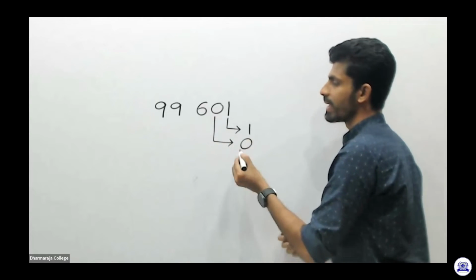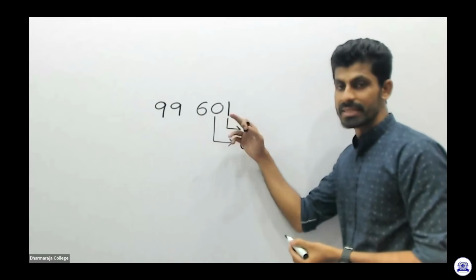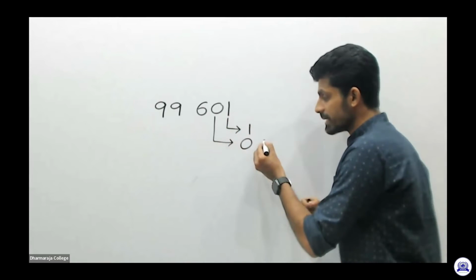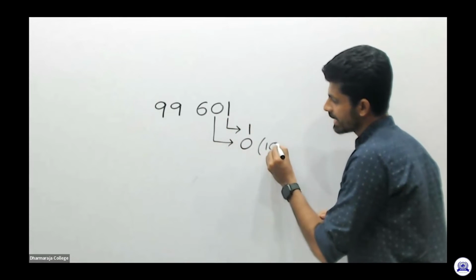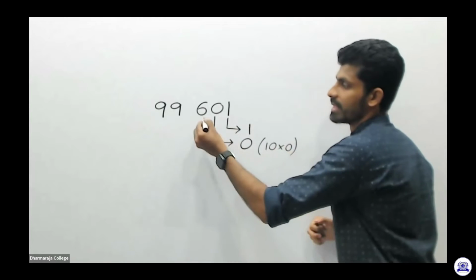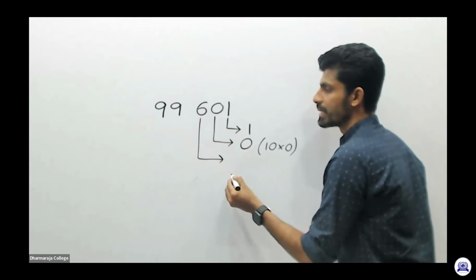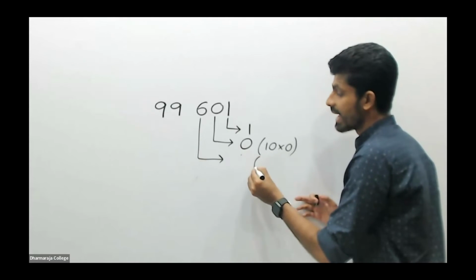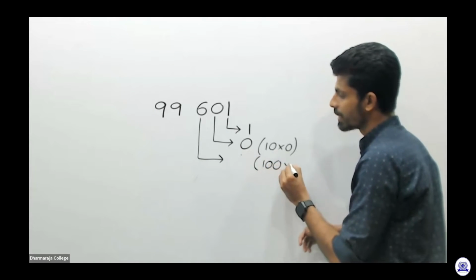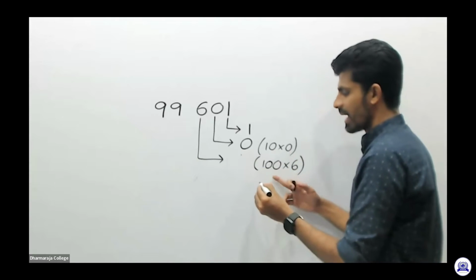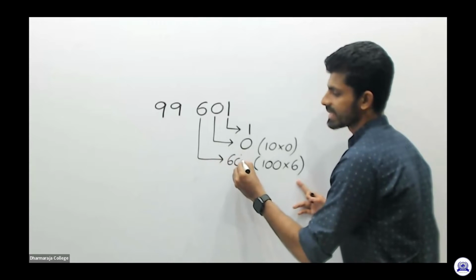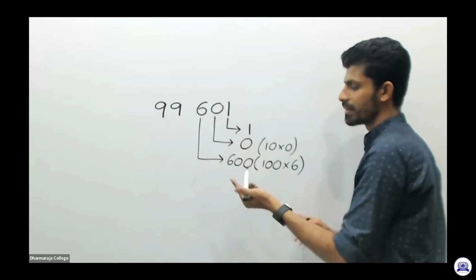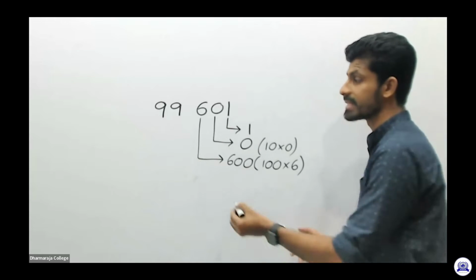Tens place, what is the value? 0, which means 10 into 0. This one equals the hundreds place, 6, which means 100 into 6, 600.